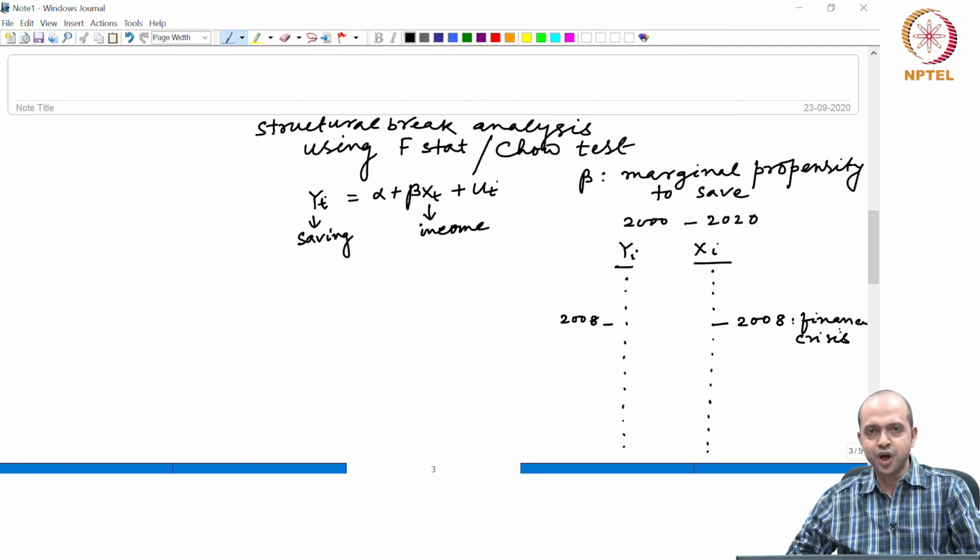So what we will do now, let us formulate two different equations to represent the saving income relationship, one for 2000 to 2007 and another for 2008 to 2020.